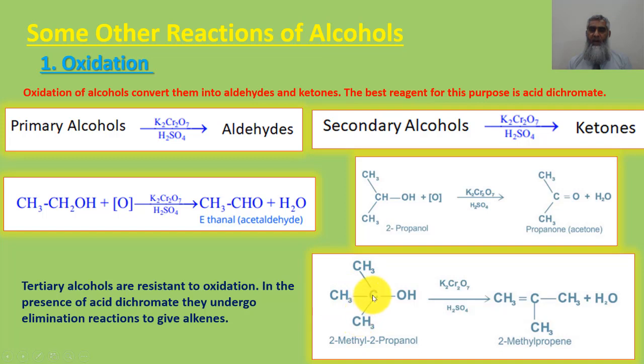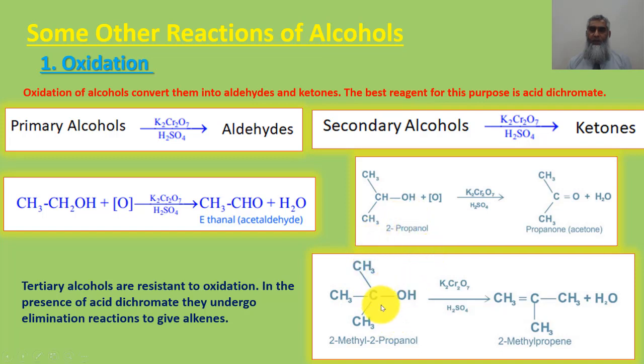At carbon number 2, there is a methyl group as a branch, and at carbon number 2, there is an OH group, so it is called 2-methyl 2-propanol. You are already familiar with the nomenclature of alcohols, which we have discussed in topic 11.1.